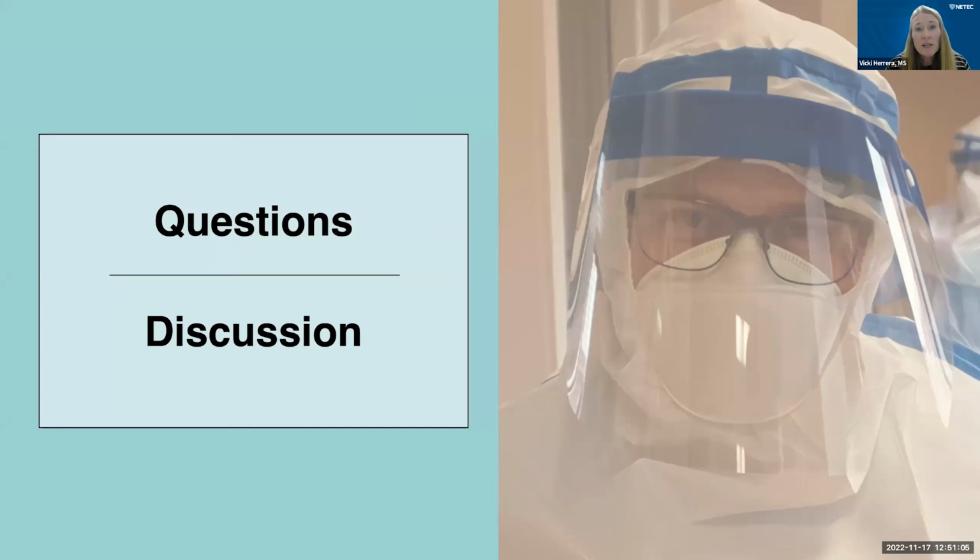Critically think through every step and how you can mitigate those steps if that patient were to be positive. Look at your PPE, look at the sharps, look at the ways to fix them so that they can safely be read. Look at every step and try to mitigate every step with the best that you have available.